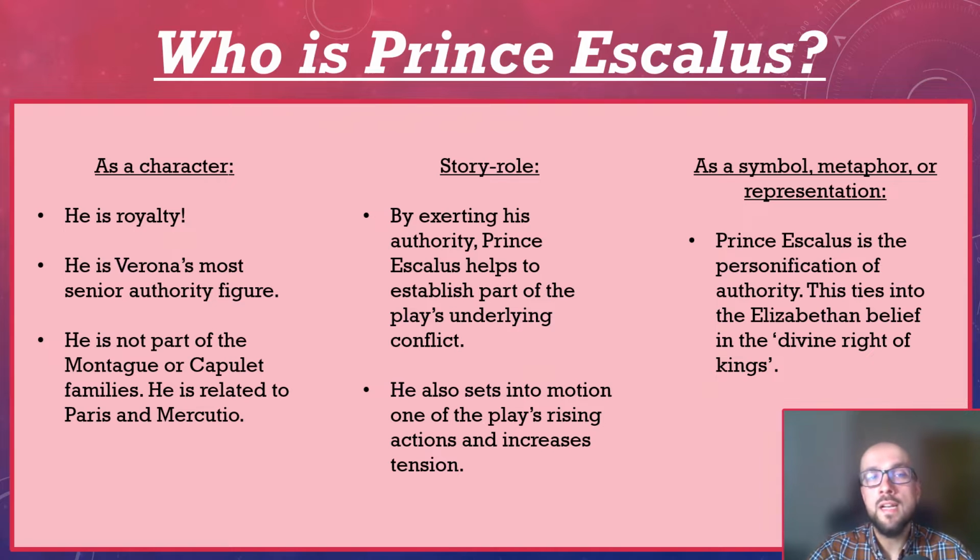Given that people in Elizabethan England generally believed in the divine right of kings, a belief that asserts that monarchs drew their power and authority from God and were therefore only answerable to God, Prince Escalus being the personification of power in Shakespeare's play seems to be consistent with this belief. So Prince Escalus then is a powerful guy who uses his power to set the rules and up the stakes, and behaves as the personification of power in Romeo and Juliet.